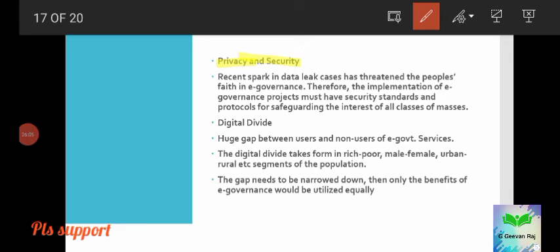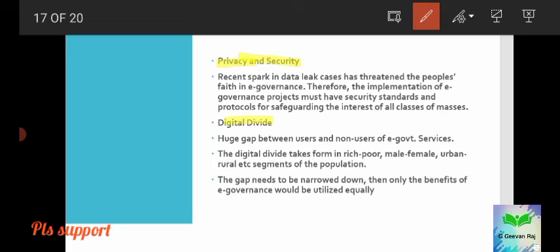Another major hindrance is the digital divide. Huge gap between users and non-users of e-government services. So, as we already discussed, the concept of the digital divide was thoroughly discussed throughout the country during the COVID time when it comes to online education, because the majority of the people don't have proper internet access in the country, and most of them don't even have smartphones when it comes to people in rural areas.